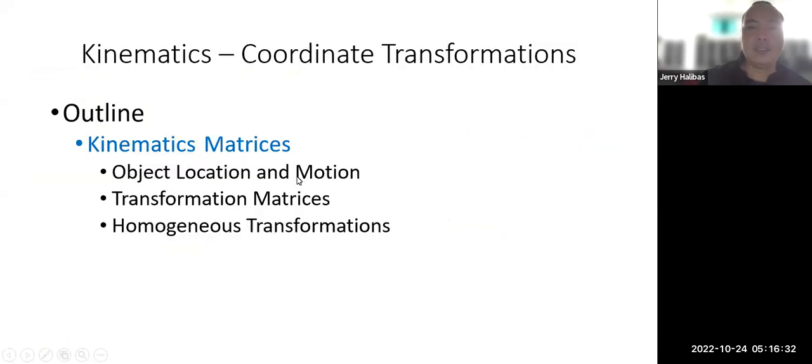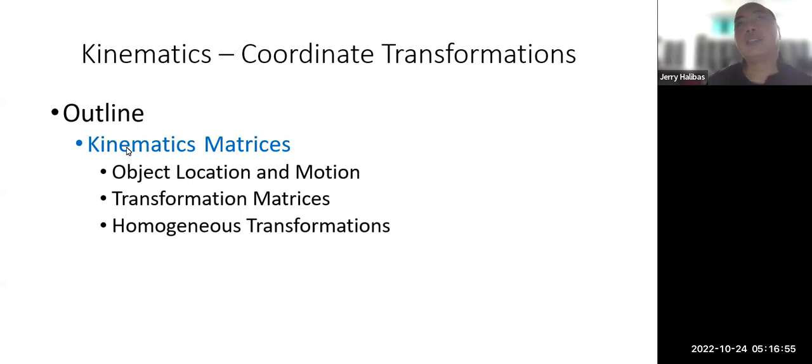Okay, so this time, when the number of degrees of freedom increases or the number of joints increases, there is a need to come up with these matrices, no?